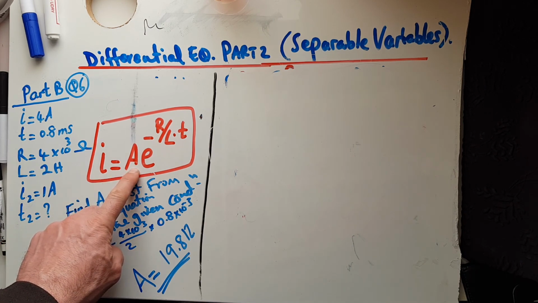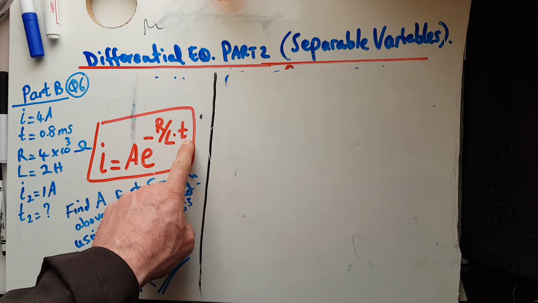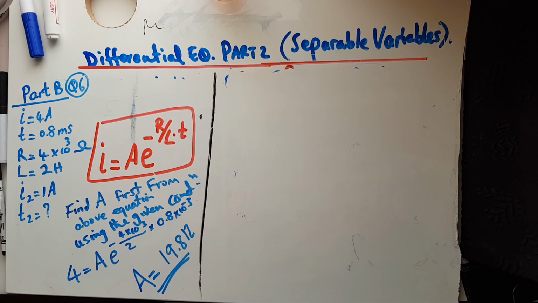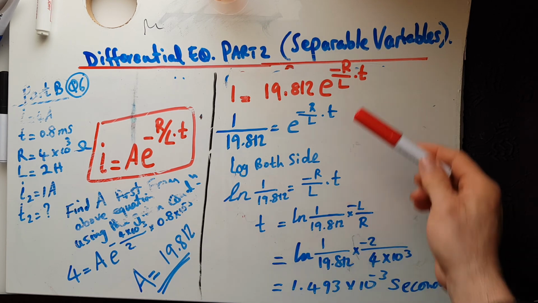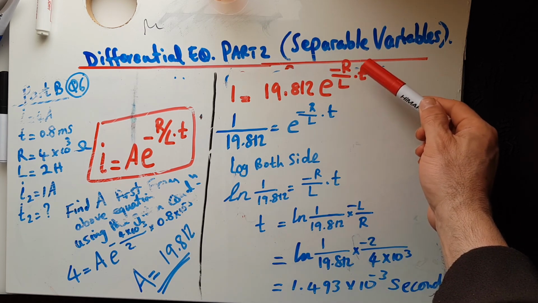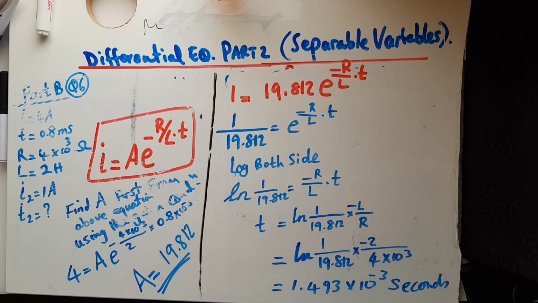We know all these values, R and L, and we want to find t. Manipulate this equation to give us that, and then you should get a value of 1.49 millisecond.